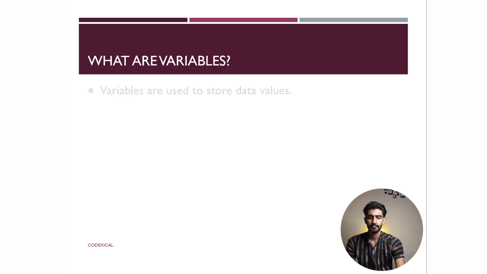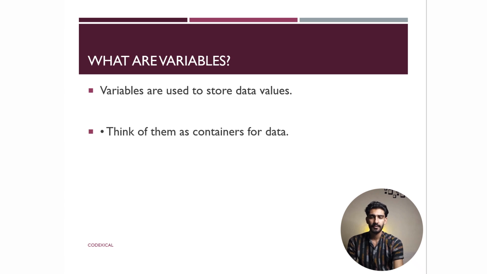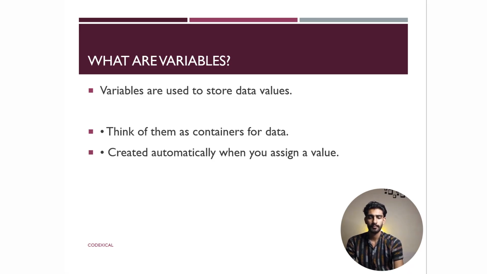What are variables? Variables are used to store data. It's just like a container. You can think of it like a container. You put something in and it preserves it for future use. This is a simple example of a variable in which 10 is assigned to the X container.